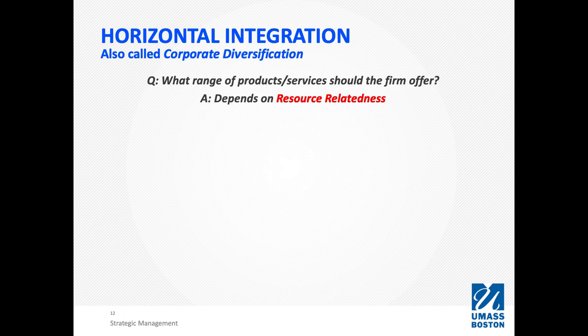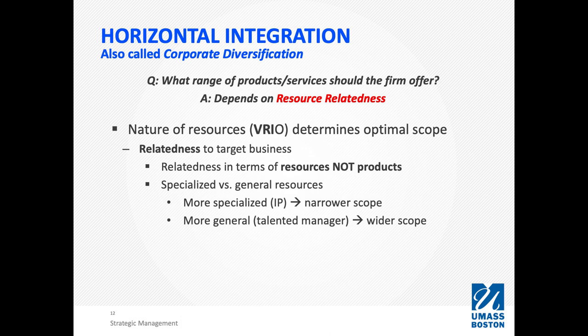Now, when I said resource relatedness, that should have sent your spidey senses tingling and Rio should have popped into your head. Because the kind of resources the firm has determines what kind of horizontal integration it does. And that specifically means in terms of resources, not products. Let's say for a moment that you have a proprietary process for making a very durable and tough light alloy of titanium, and you were using it to make shielding for satellites.